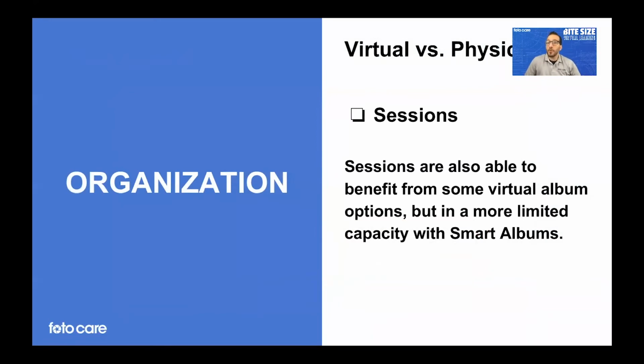So talking about virtual organization versus physical organization, sessions are also able to leverage a little bit of benefit from virtual albums as well, but in a more limited capacity. Whereas in catalogs you can do all kinds of unique and intricate foldering options and have the same file in multiple folders.